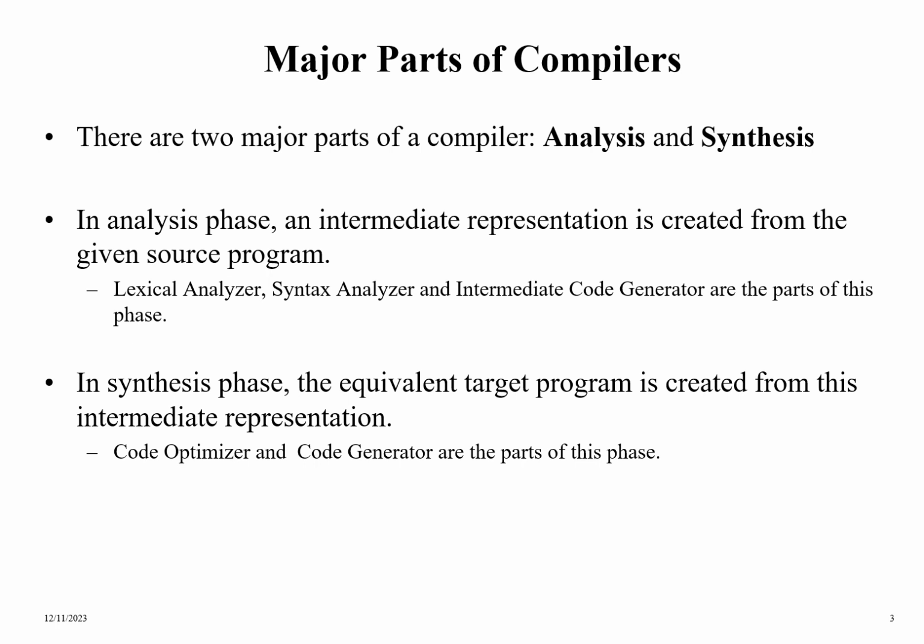We have a lexical analyzer phase, syntax analyzer phase, and intermediate code generator phase as part of the analysis part. When I come to the synthesis part, the equivalent target program is created from this intermediate representation. We have a code optimizer phase and a code generator phase in the synthesis part.